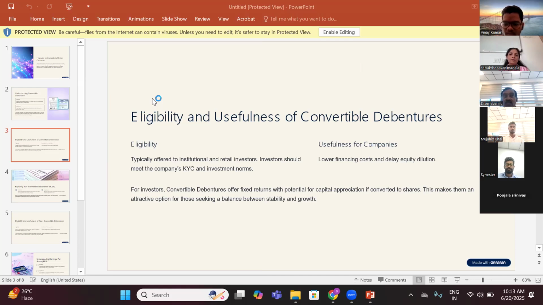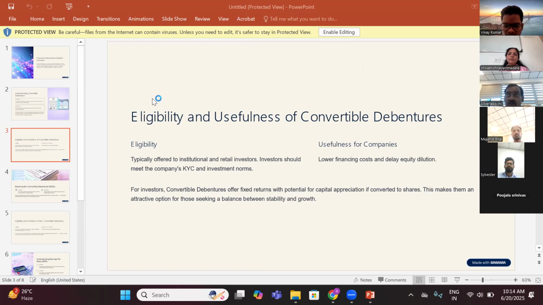When companies issue debentures to investors in the market, they get a very low cost of interest. For example, if they go for 10 lakhs of convertible debentures, they need to pay, for example, 9%.